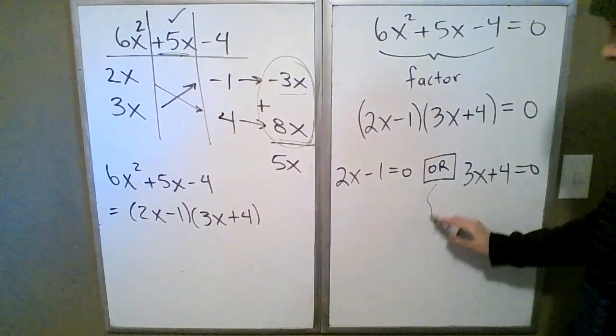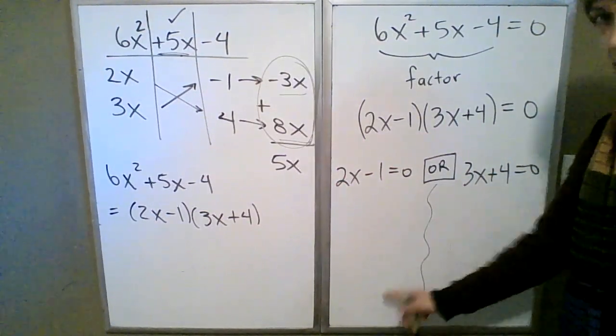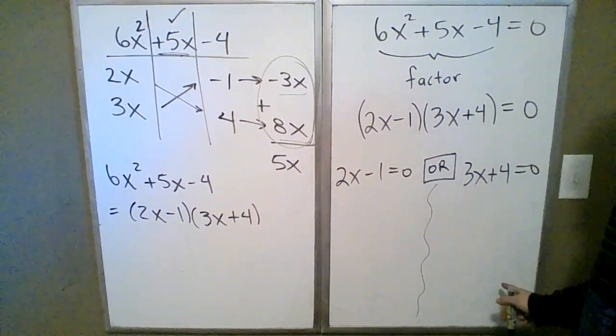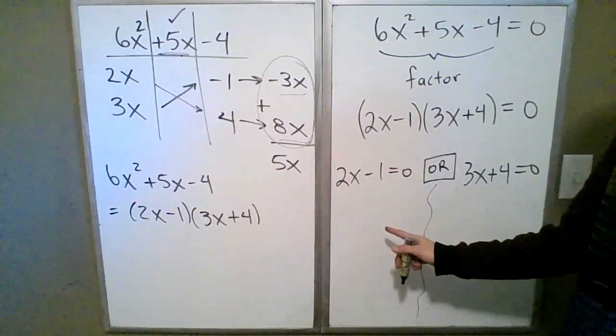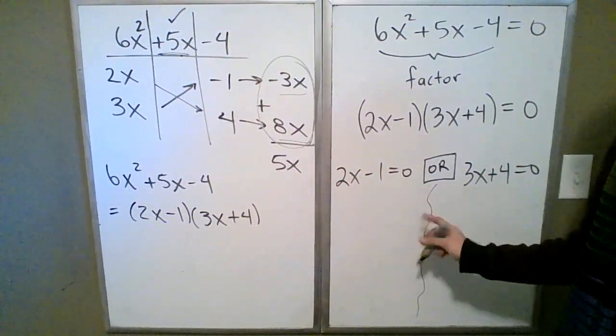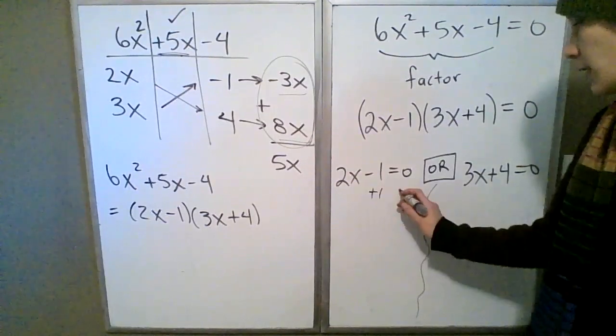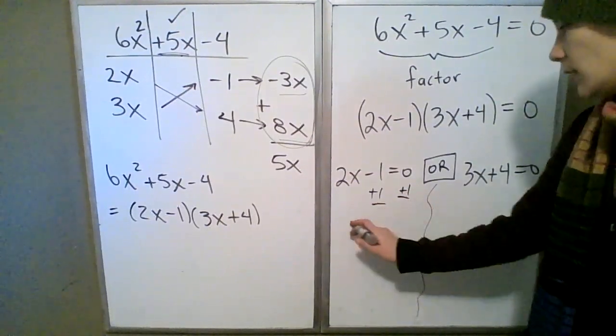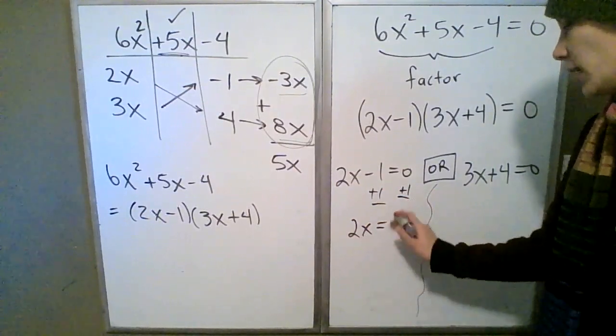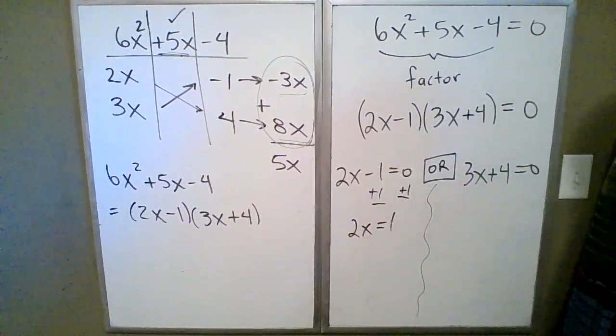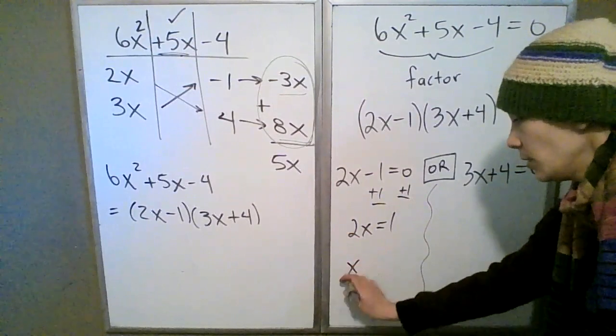Okay, and you want to solve these separately. So you're going to get one answer on this side and another answer on that side. Let's go here. Add 1 to each side. 2x equal to 1. Divide both sides by 2. And x will be equal to 1/2.